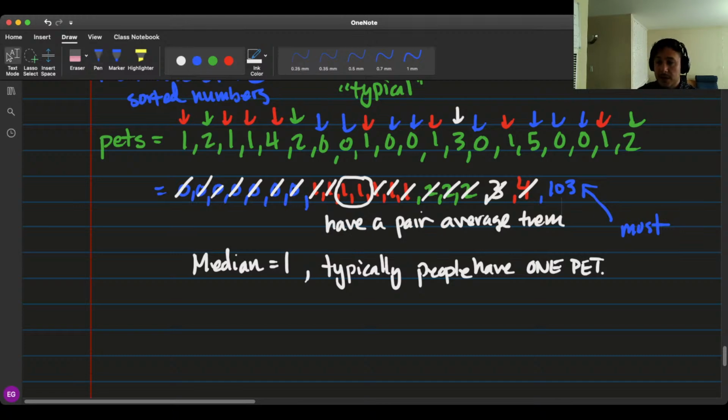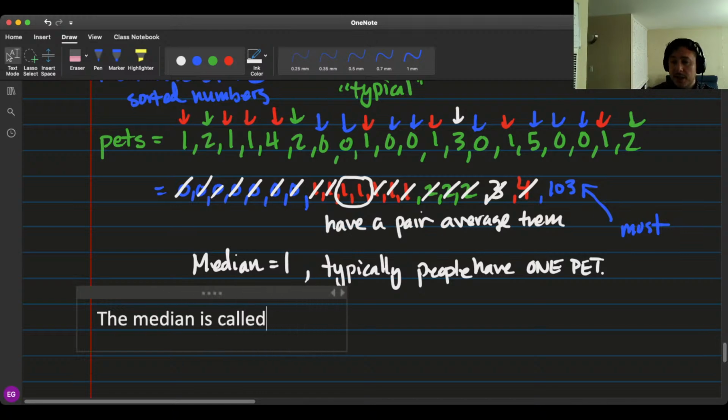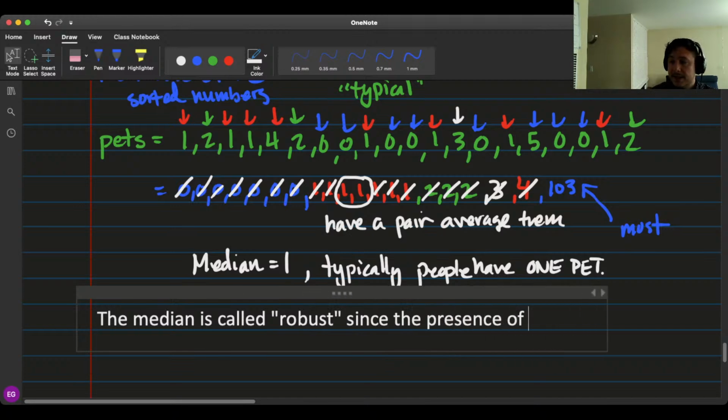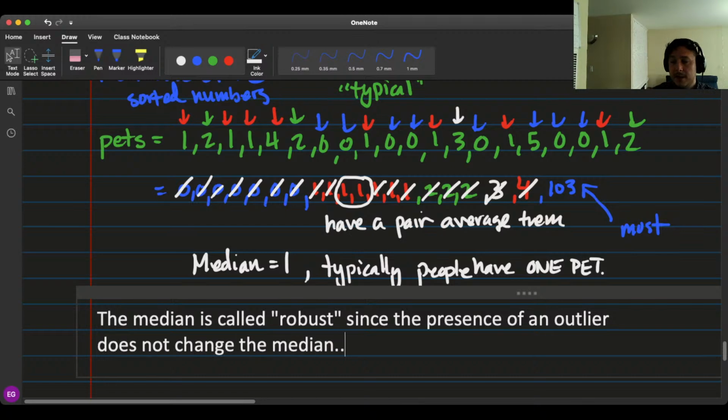So the median is really interesting. The median is called robust, since the presence of an outlier does not change the median. The median is literally the number in the middle, right? If you add an outlier out on the edge, it doesn't change what that number in the middle is.